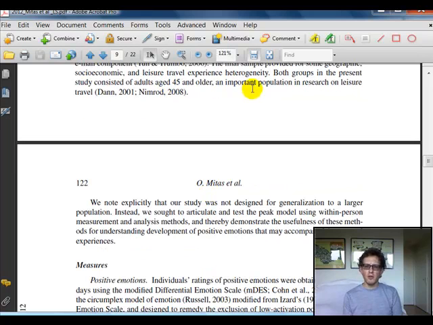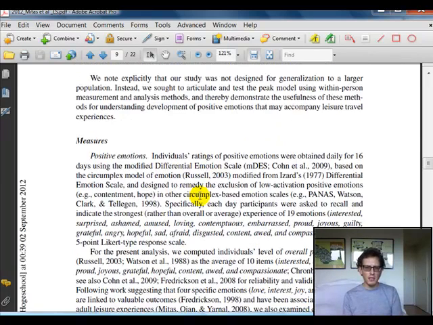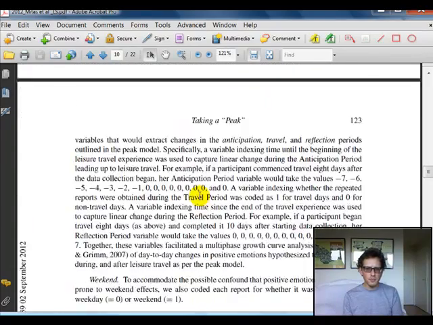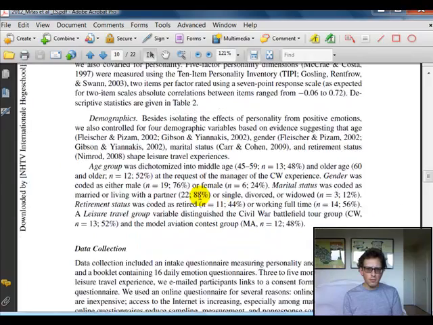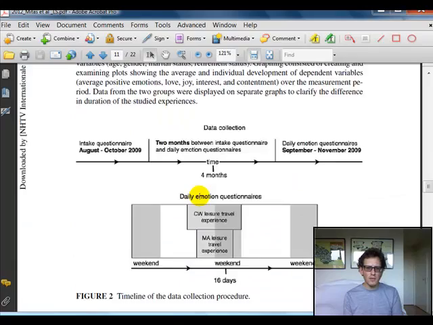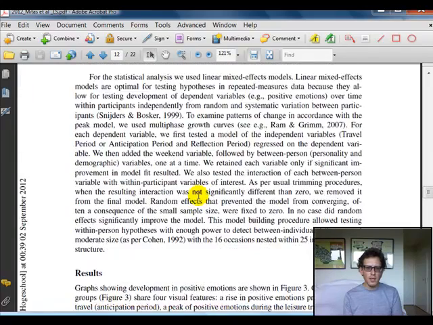People aged 45 and older, it's an important population. So I'm arguing that I collected good data. And it's fairly detailed here.